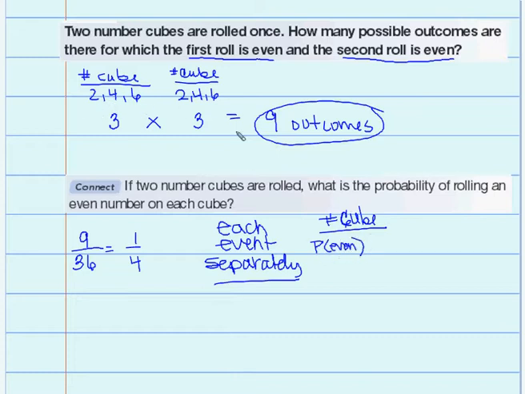How many are even? 3 out of how many total? 6. And on the other number cube, same thing, it's 3 out of 6. If we multiply these two together, we get 9 out of 36, which is 1/4. So we can do both events together, or we can treat them as separate and then multiply.